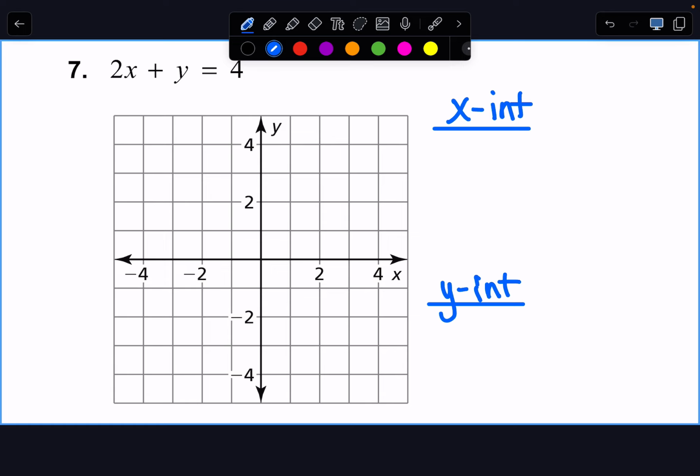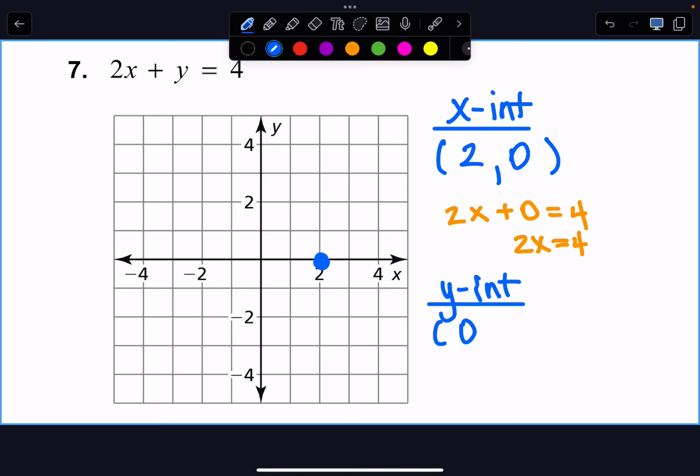Okay. Camden, what's our x-intercept? 2, 0. Is Camden correct? Okay. If we input 0 for y, we get 2x equals 4, so x equals 2. Okay. Our y-intercept.